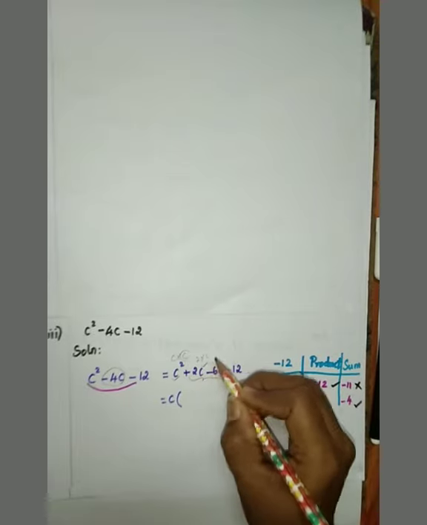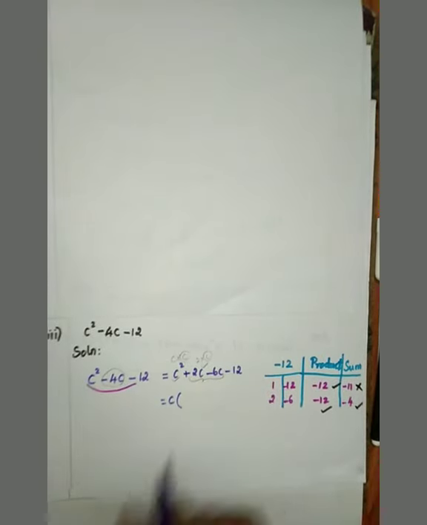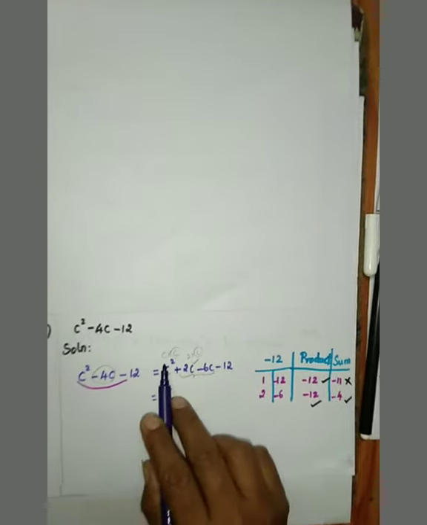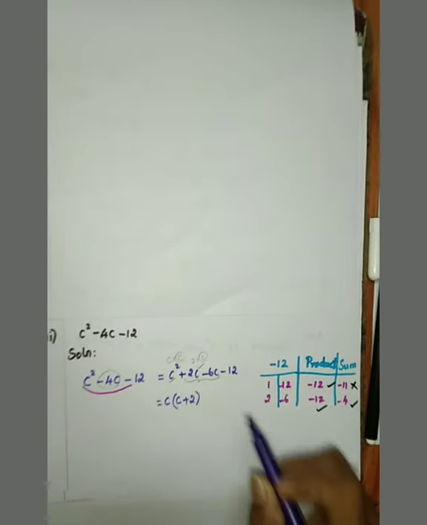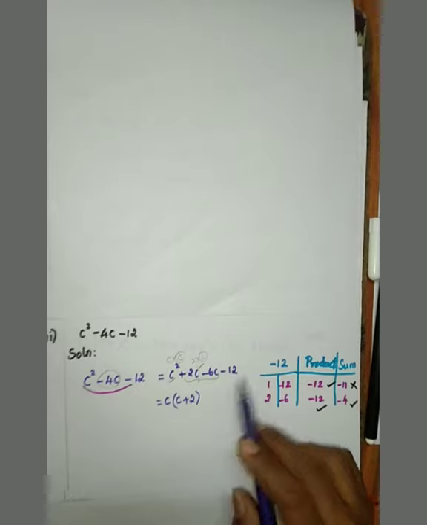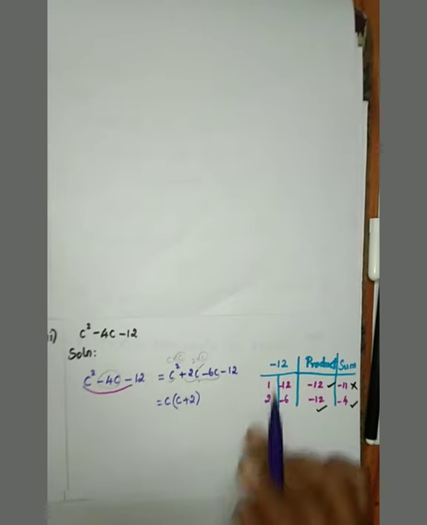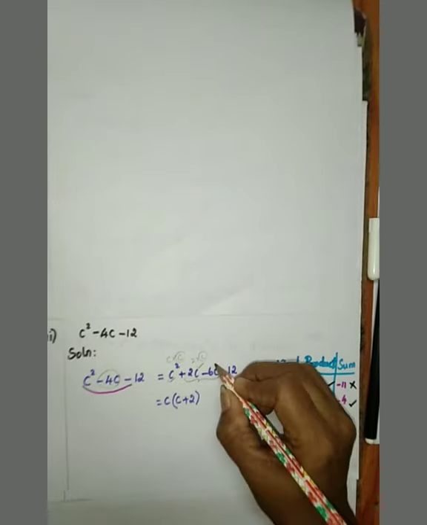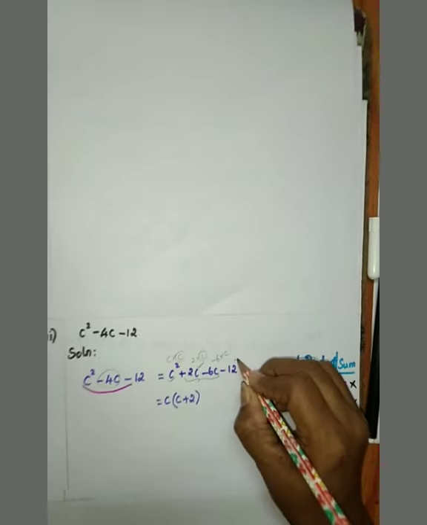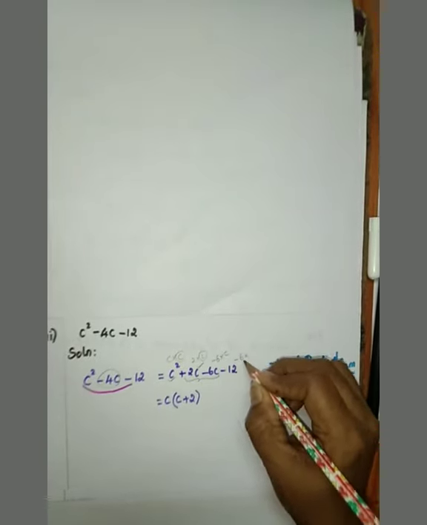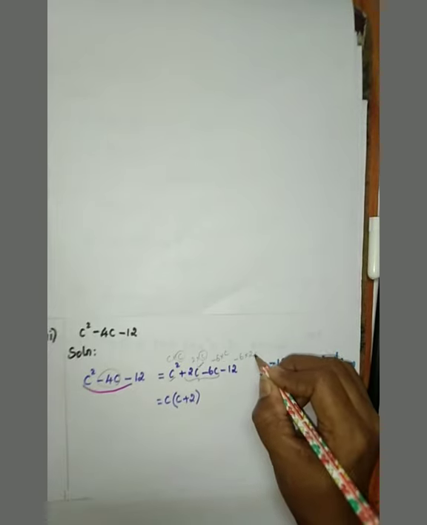So from that we are going to take c outside. When you are taking c outside, the remaining term is c plus 2. Then here what are the common factors? Here this is minus 6 into c, and this will be minus 6 into, the common number is 6, 6 2s are 12, into c.